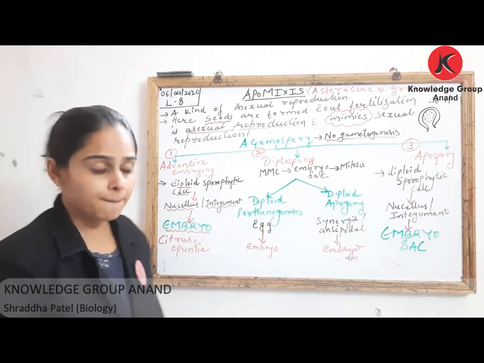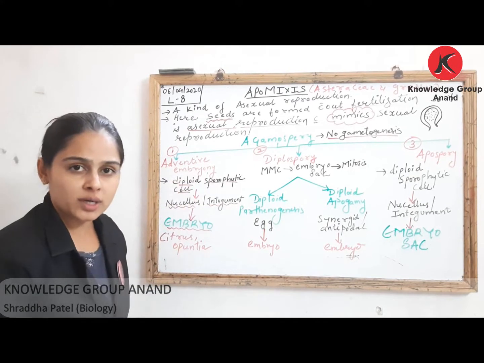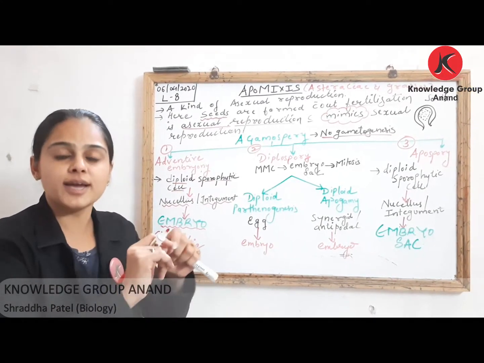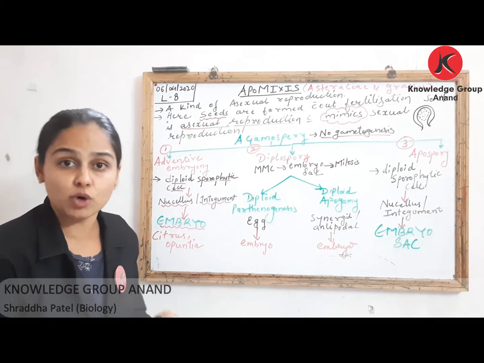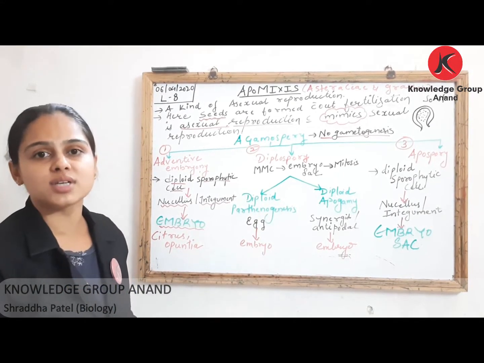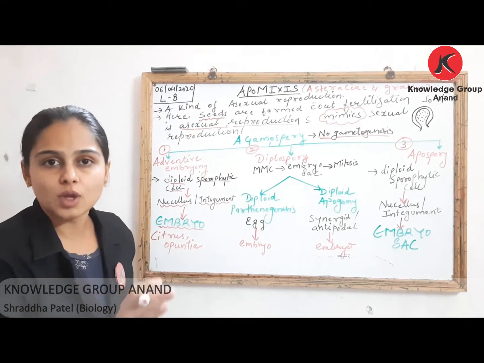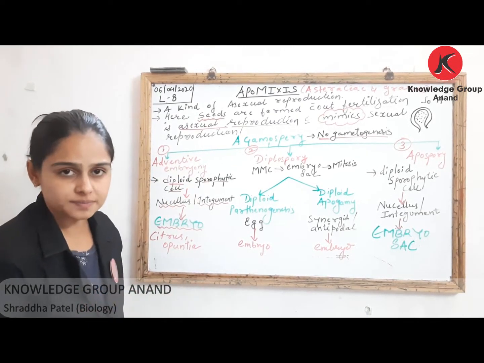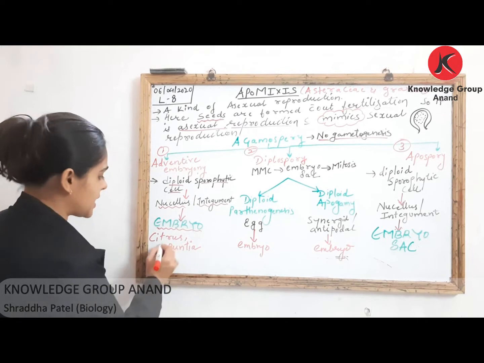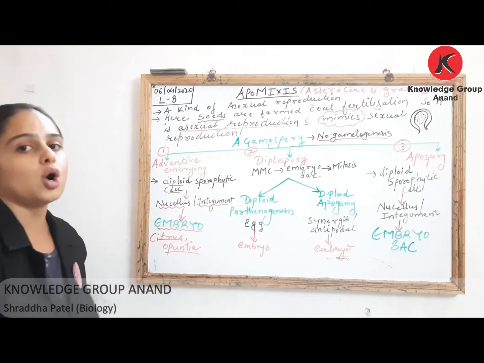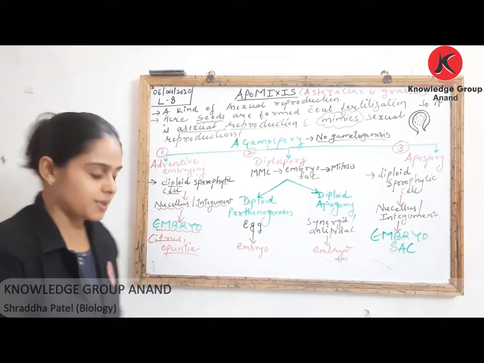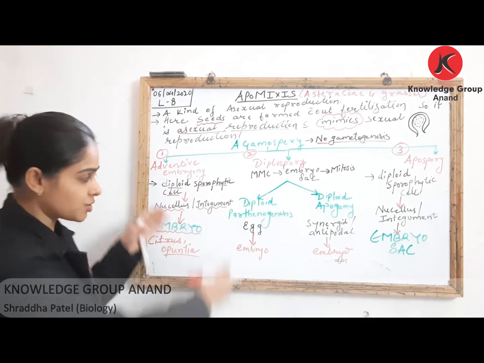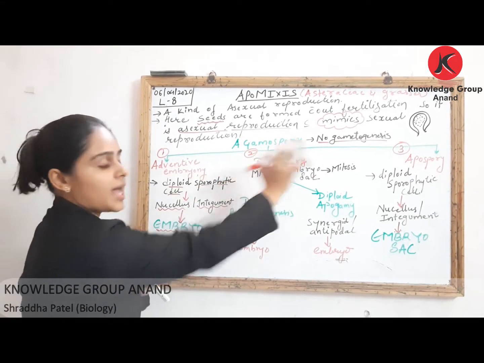Am I clear? In adventive embryony क्या होता है? आपके जो nucellar cell है, आपके जो integumental cell है, वो directly क्या produce करे? Embryo. So इसको बोला जाता है adventive embryony, which is exhibited by your citrus and opuntia. So this is one type of your agamospermy.